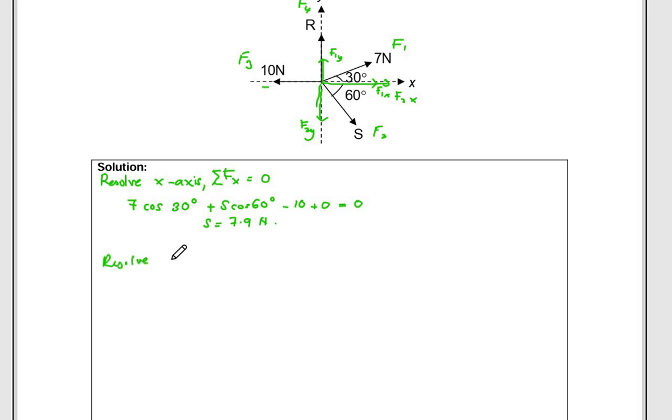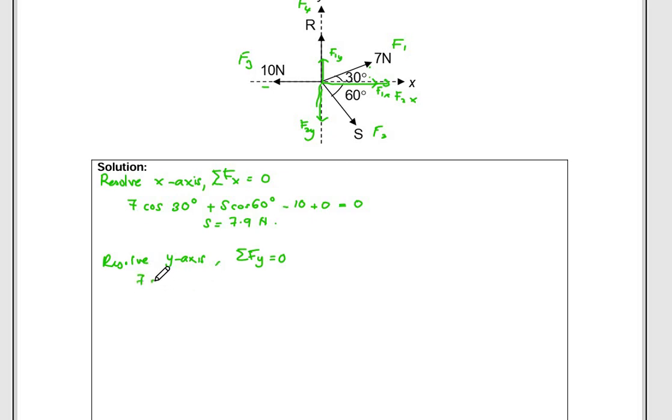And then kita resolve untuk Y axis, which is the summation of Fy is equivalent to 0. Okay, Fy dekat sini, kita baca. So relate-nya, kalau X dia cos, Y dia akan sin lah.